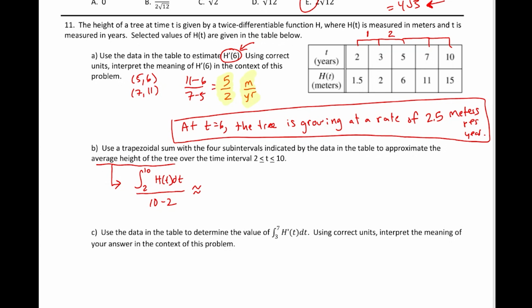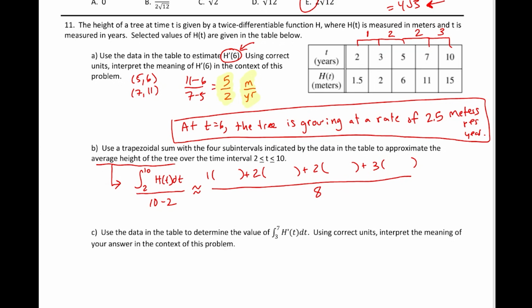The base of the second interval is going to be 2 from 3 to 5, 2 again from 5 to 7, and then 3 from 7 to 10. So those are the bases. In other words, it's going to be like 1 times something plus 2 times something plus 2 times something plus 3 times something, all those somethings being the average heights of the two partitions that surround the interval.